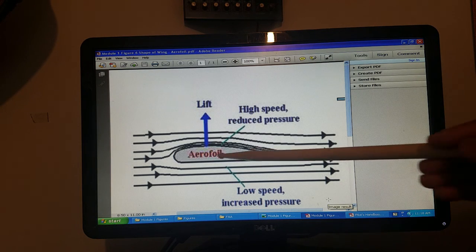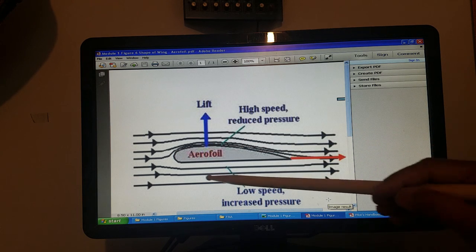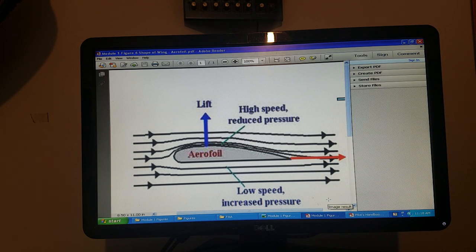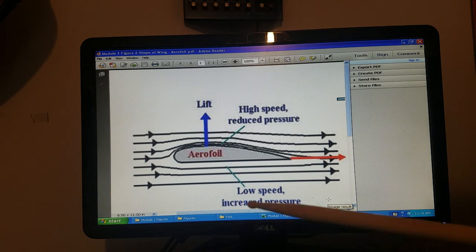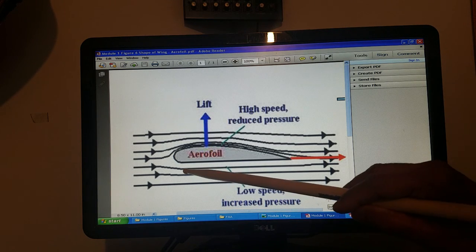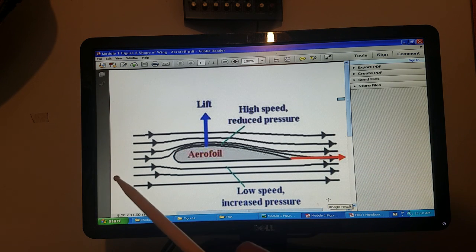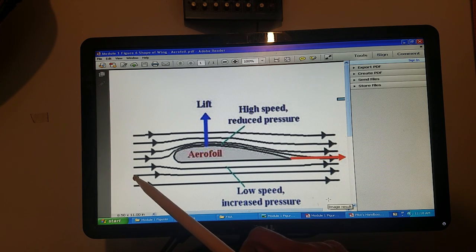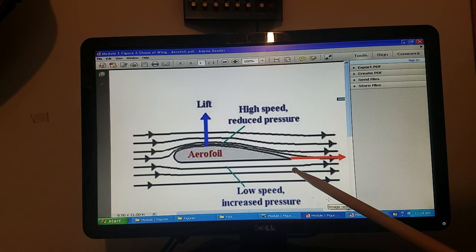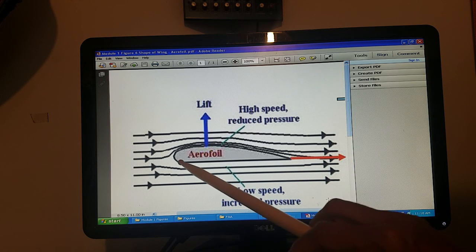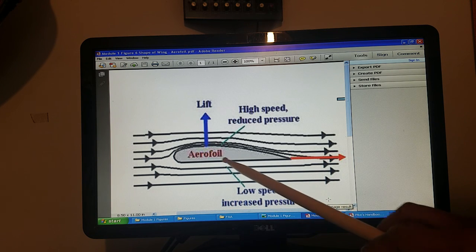The shape of the wing is mainly the reason a fixed wing aircraft takes to the air. So if you look over here, the relative airspeed, we will discuss what exactly that is.